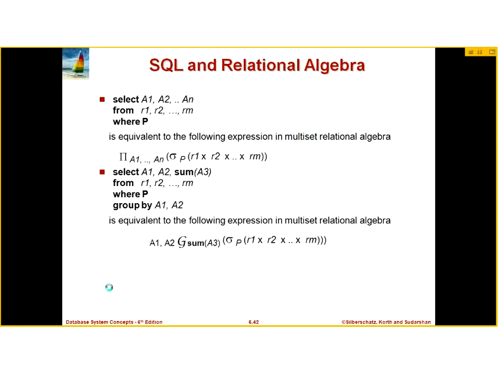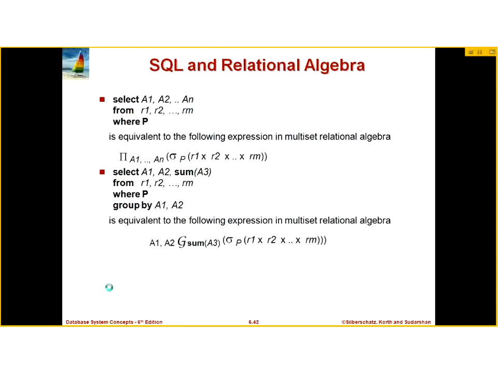Now, when we talk about SQL and relational algebra, SQL statements can include expressions from relational algebra in this way. For example, you can say that select A1, A2 up to An from R1 up to Rm where P is equivalent to the following expression in multi-set relational algebra.